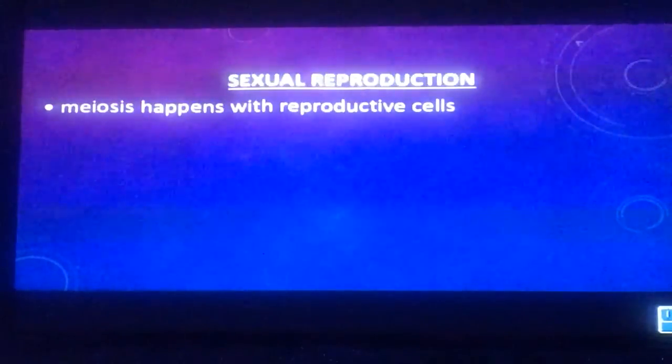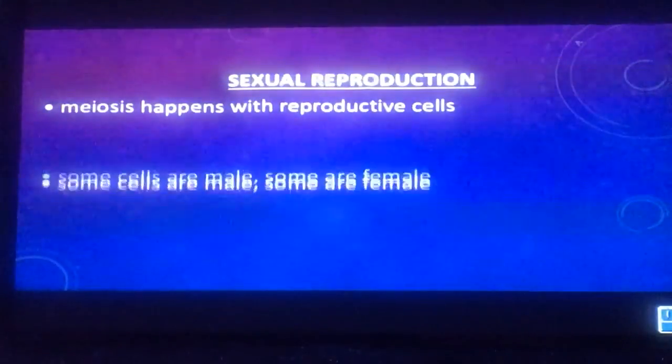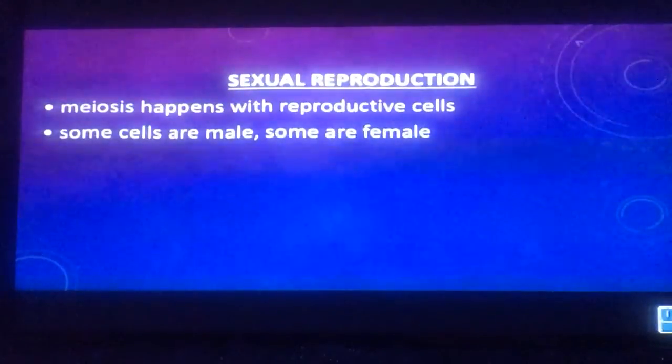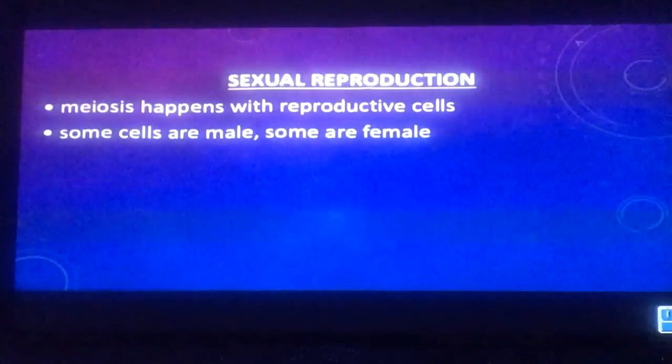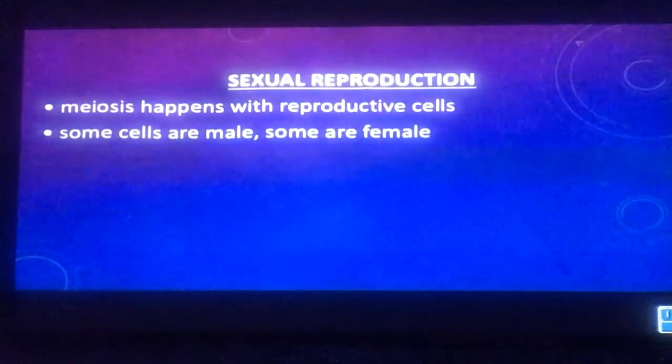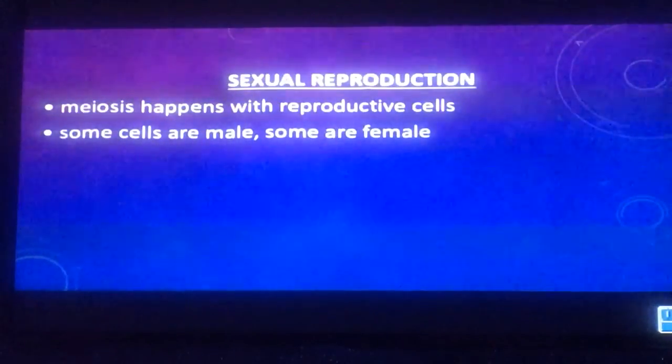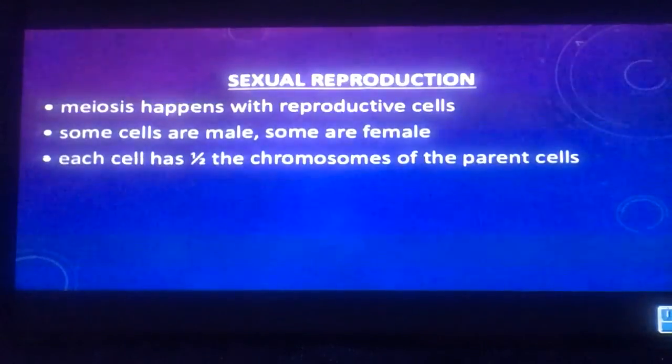Meiosis only happens with your reproductive organs, or your reproductive cells. Some of those cells are male, and some of those cells are female, boys and girls. So males will have male reproductive organs, and females will have female reproductive cells. Each of the cells in your reproductive organs has half the chromosomes of where you came from, your parents.